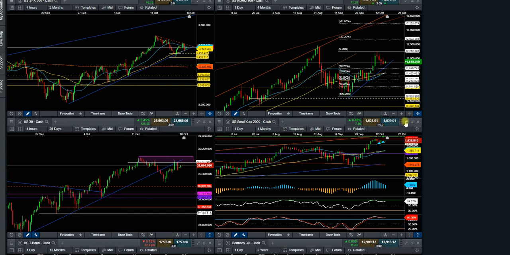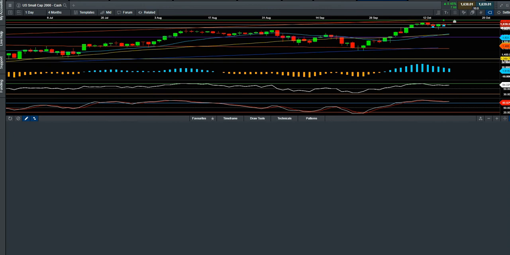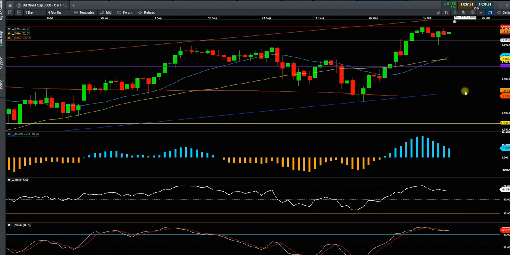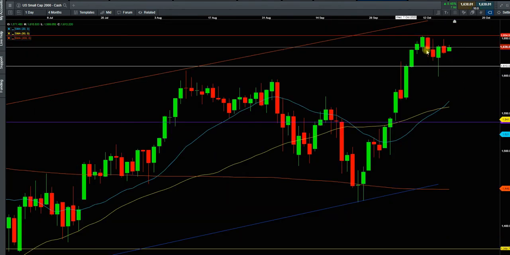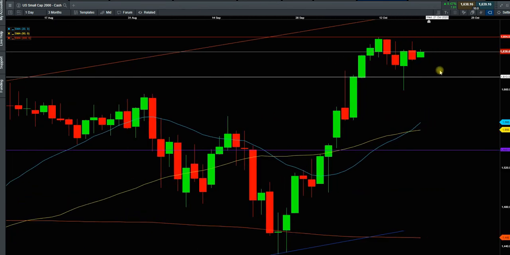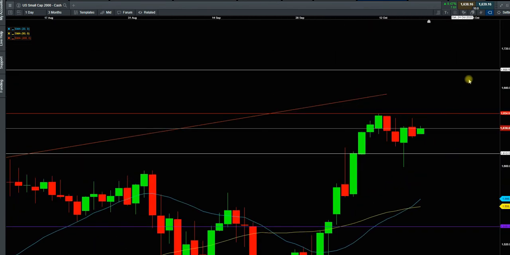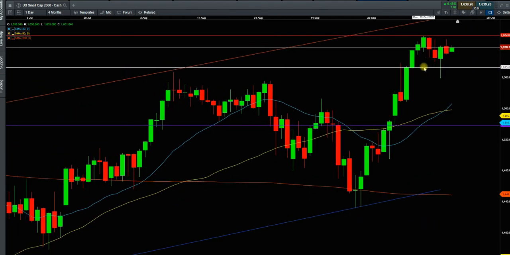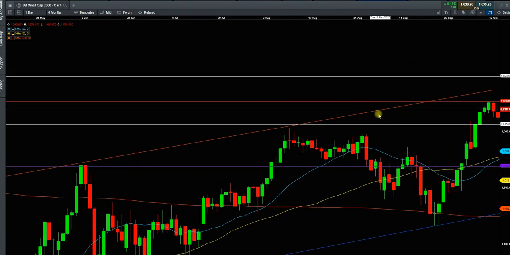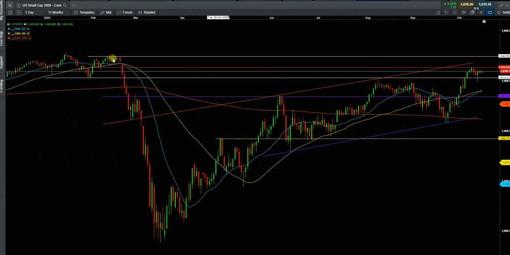For Russell 2000, which is a very nice setup here, believe me or not, I believe this is going to go higher, almost to 1700. 1698 is the major top that I indicate here, which is going to be a blue.